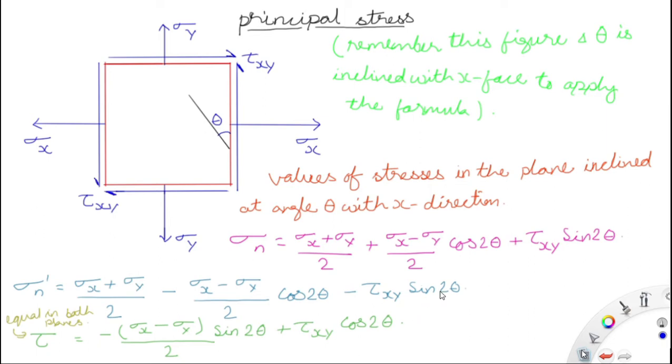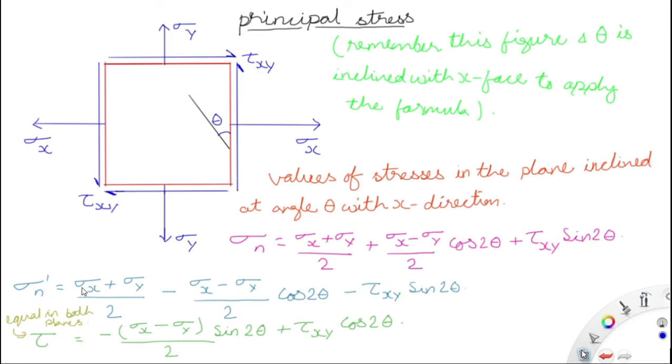So in sigma n we have the plus sign, and in sigma n dash we have the minus sign, minus for the cos 2 theta term and minus for the tau xy sin 2 theta term.